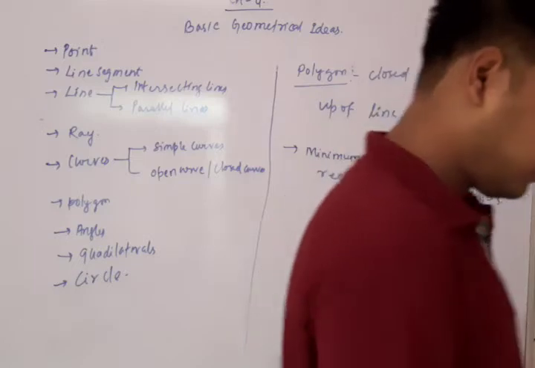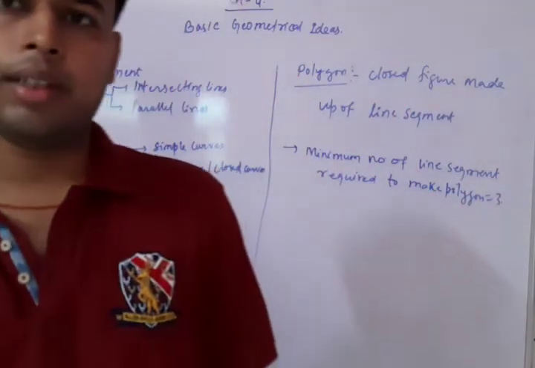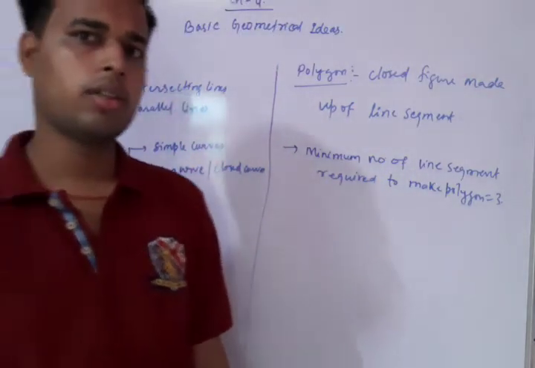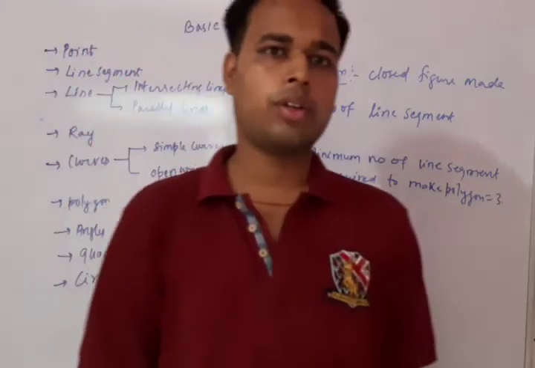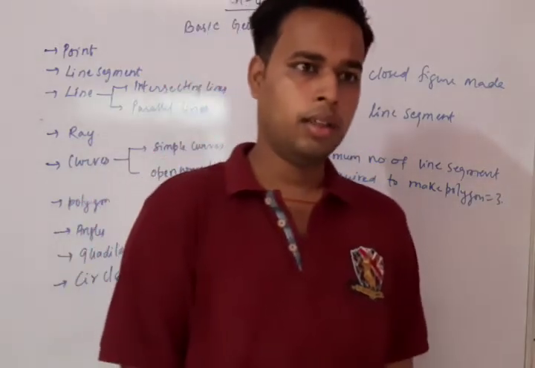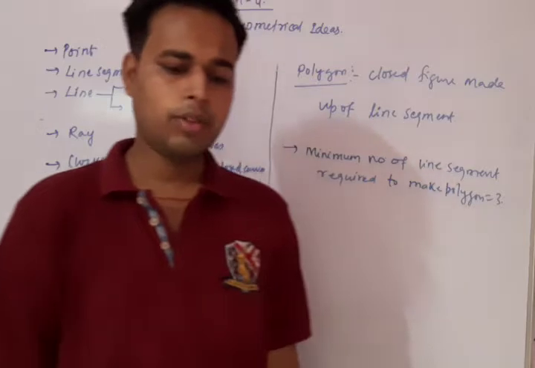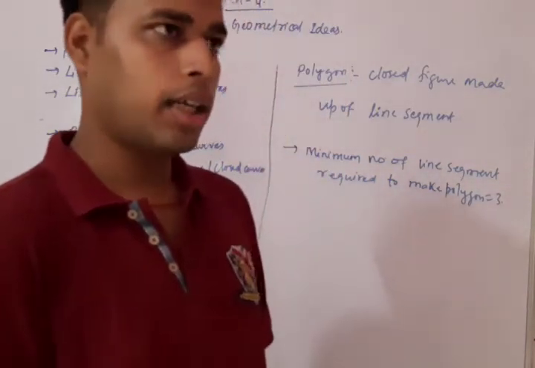Now, a polygon having 3 sides is known as a triangle. When it has 4 sides, it is known as a quadrilateral. When it has 5 sides, it is known as a pentagon. 6 sides, hexagon. 7 sides, heptagon. 8 sides, octagon. Like that you can see.